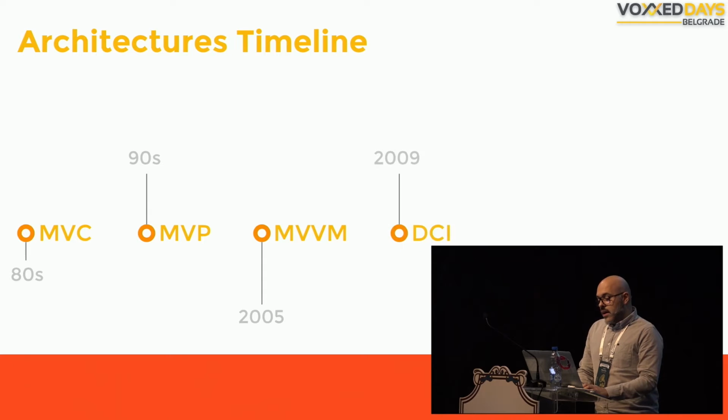In 2009, the same creator of MVC said, yes, MVC is a super nice architecture, but it's quite old and is not representing anymore what we should currently create in the software world. So he came out with DCI, Data Context Interaction. DCI is one of the most famous lean architectures.